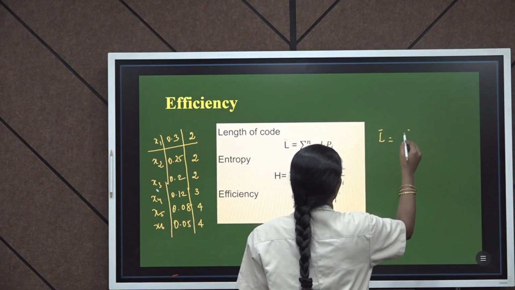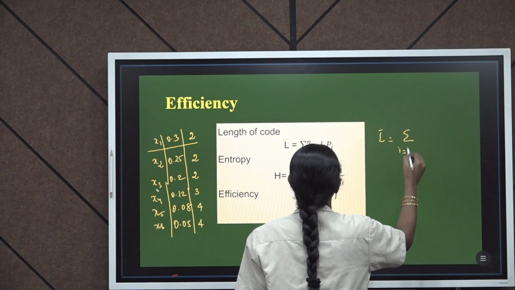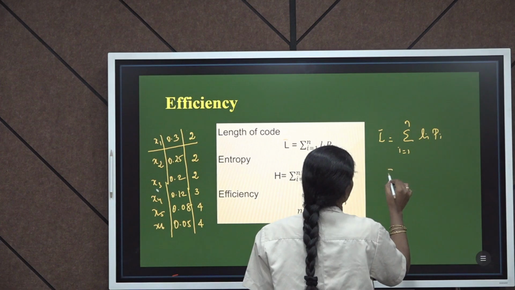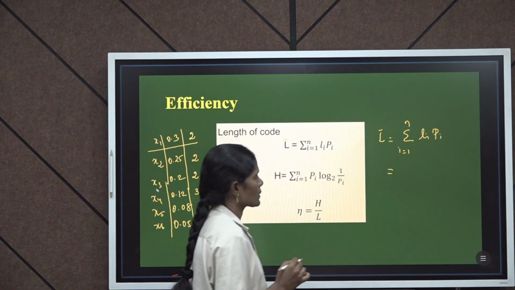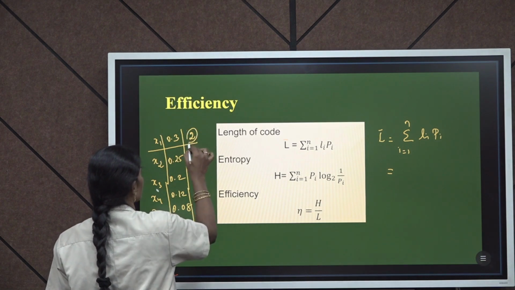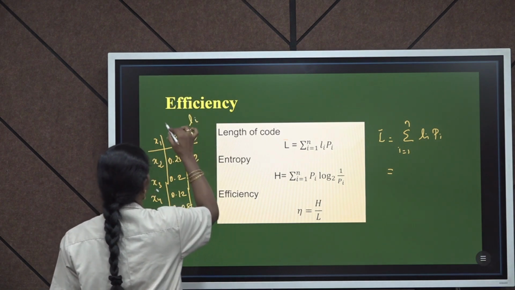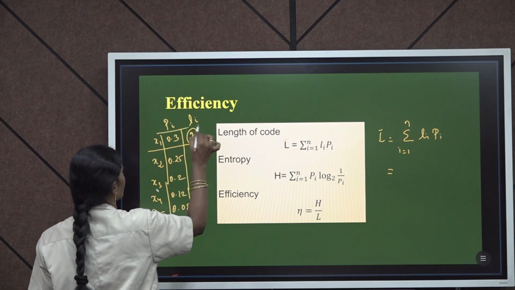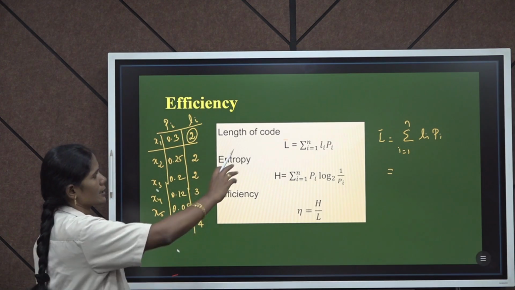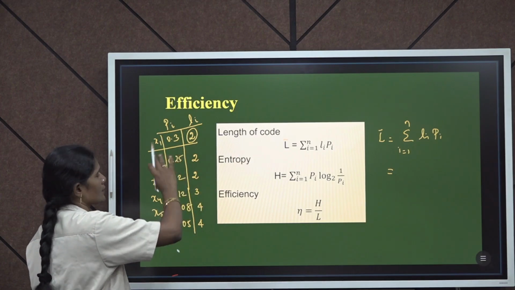The L bar formula is the summation of i equal to 1 to n of Li and Pi. This summation will be expanded as length Li and probability Pi. In this table the length is here and the probability is here, we just multiply length and probability.